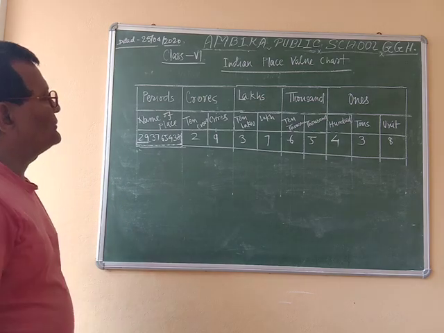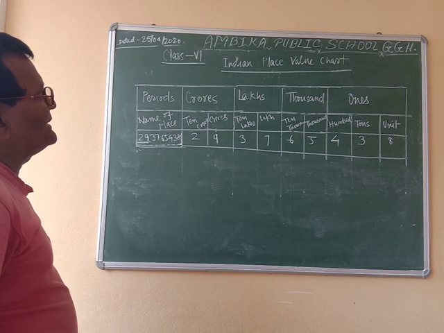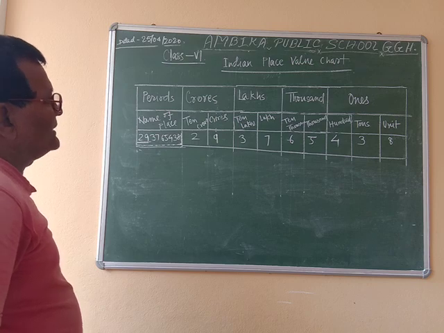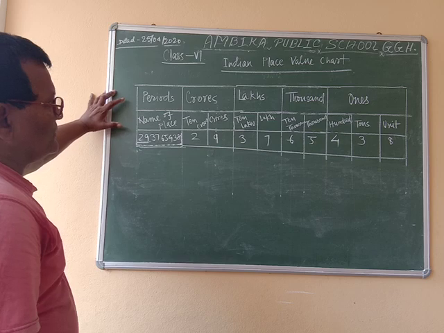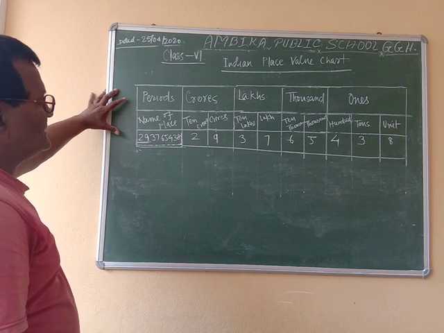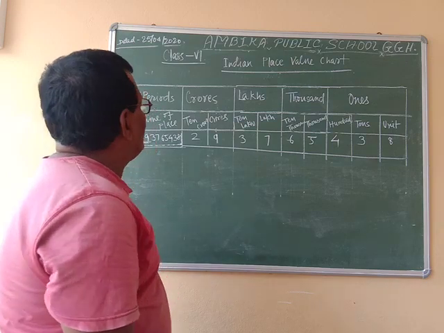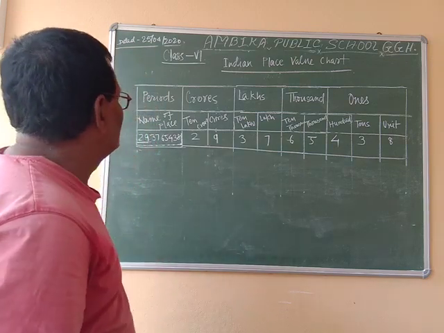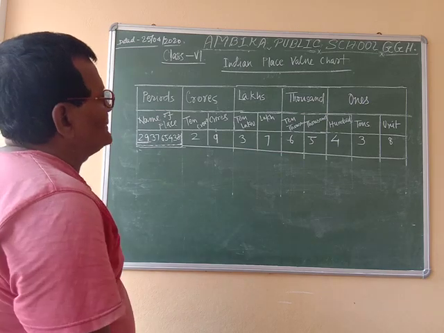If you have to make a chart for Indian place value, then you will make such a chart. This chart is divided into 5 groups.